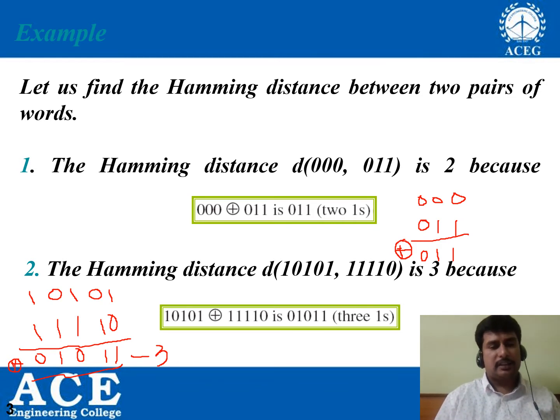Now we have the other definition: the number of positions in which the bits are different. 1, 1, same.